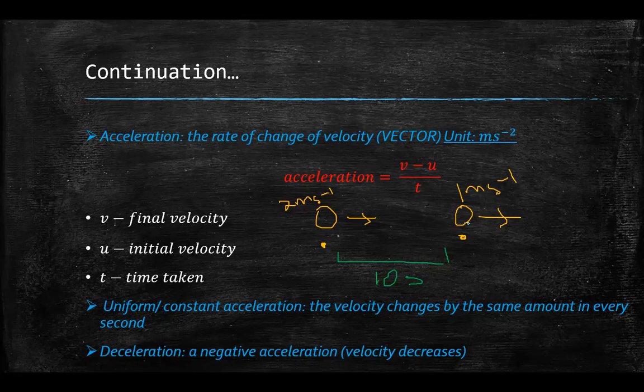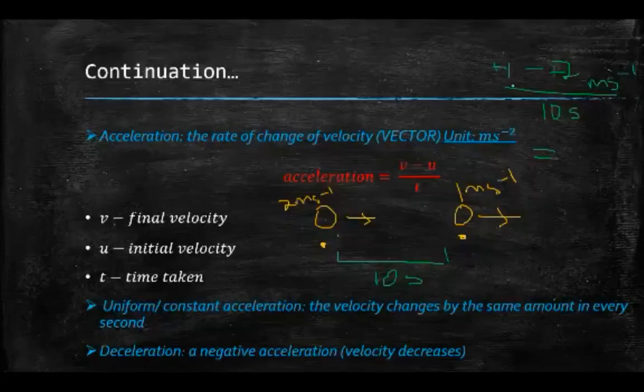So let's say I wanted to calculate this acceleration, right? Final velocity would be 1 minus initial, which is the velocity I start with, that's 2. So remember your signs, right? Positive, positive. Divided by the time taken, which is 10 seconds.